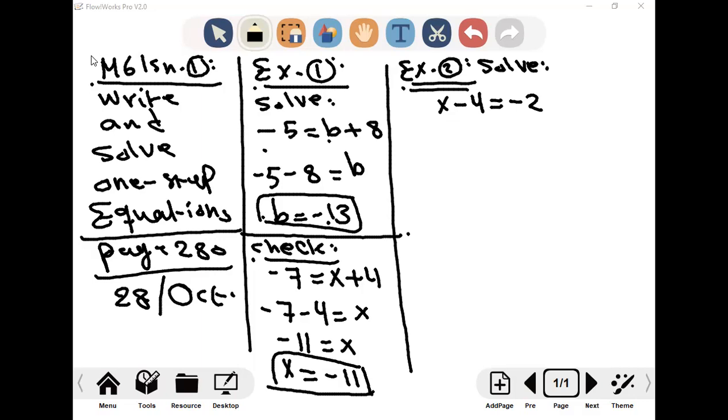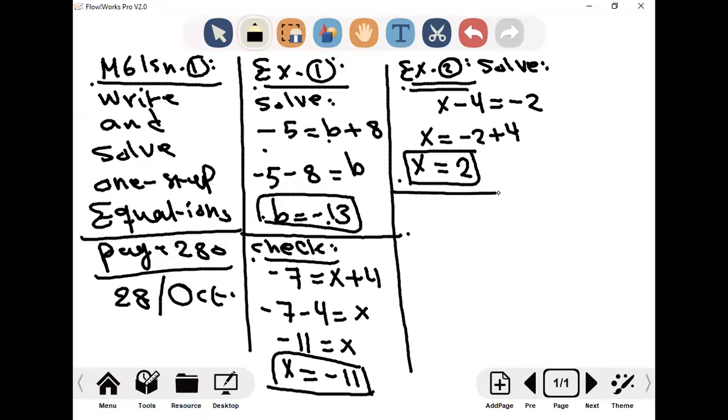Yeah, negative 4. This is the connected number. I want x to be alone, so I need to get rid of this negative 4. I will shift it to the -2, and it will be positive 4. So x = -2 + 4, which is positive 2. Subtract with the bigger sign, right? Done? This is example 2.